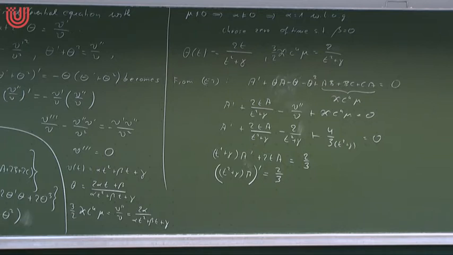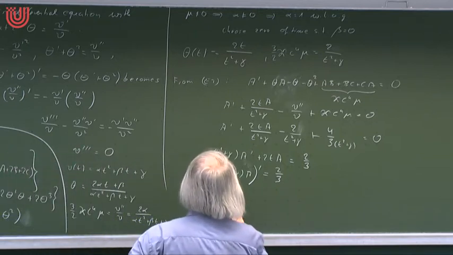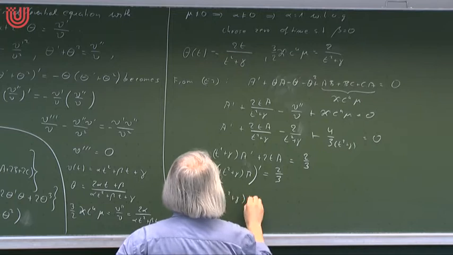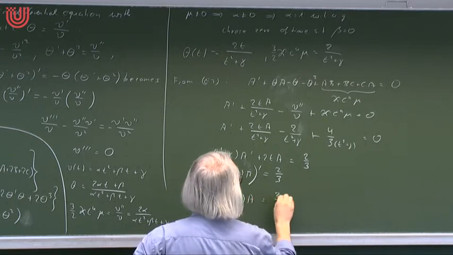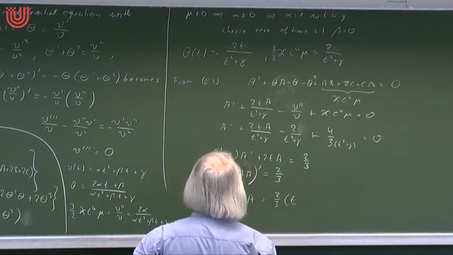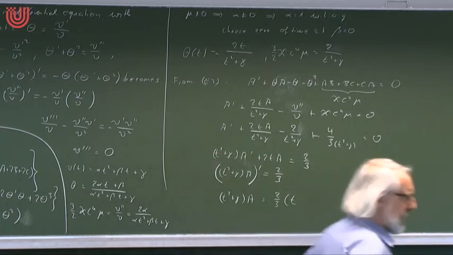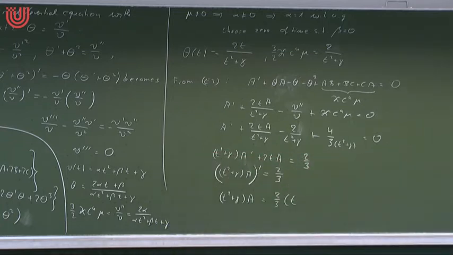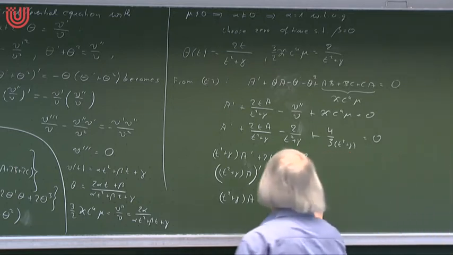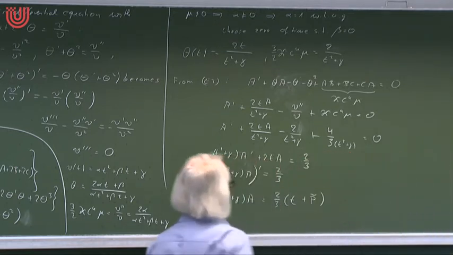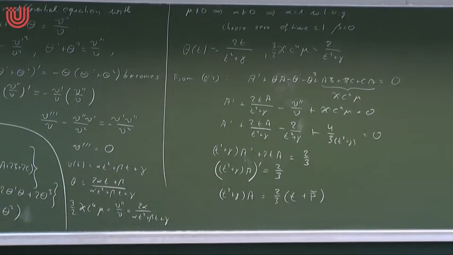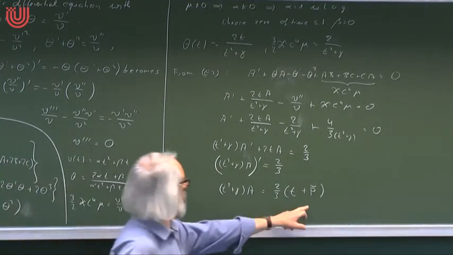So t squared plus gamma times A is 2/3 t plus an integration constant. I call this integration constant P tilde.